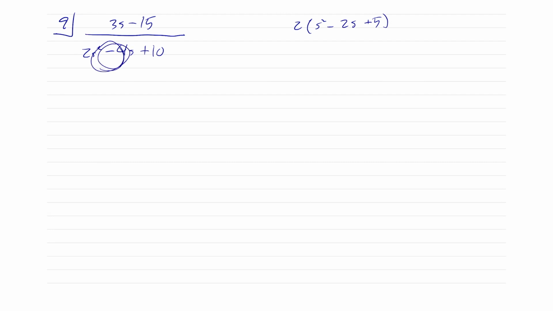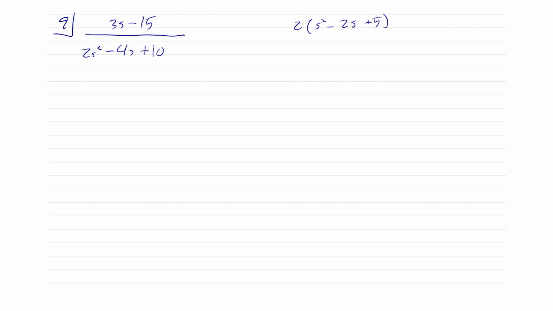Because we have a minus 4 in here and the plus 10, it kind of gives me an idea that maybe this should be irreducible. But we'll see in a second. So 5 breaks down into 1 and 5, and there's really no way that these can add or subtract up to minus 2. So maybe this guy is actually irreducible.